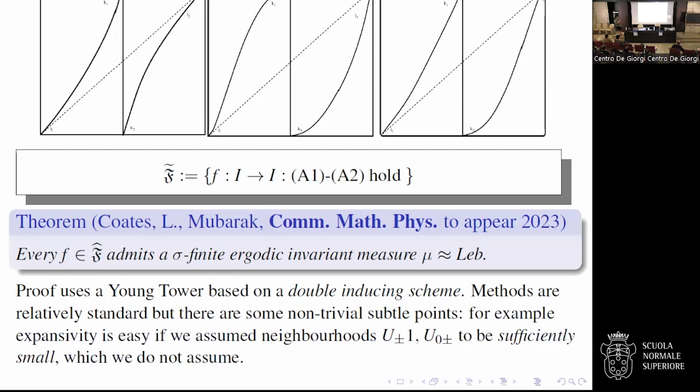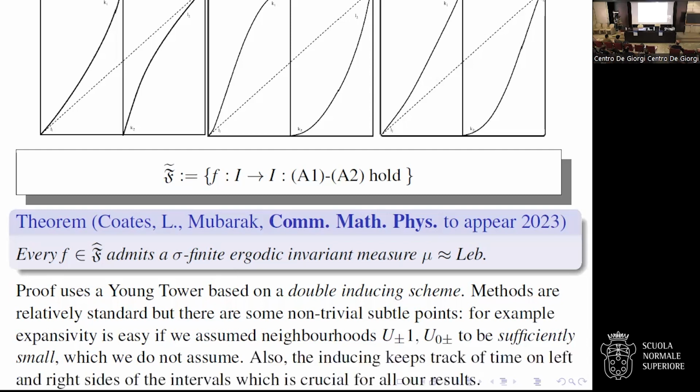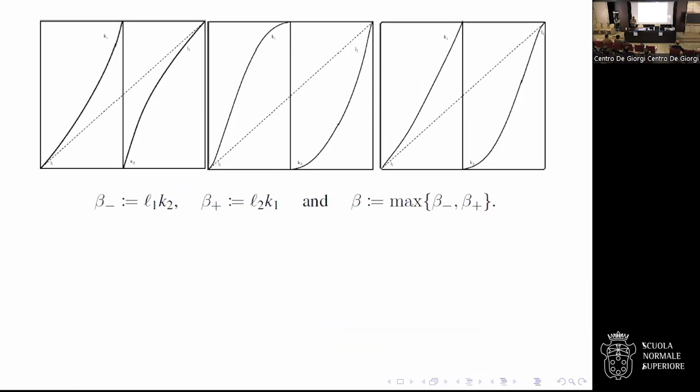And this required quite a subtle, technical, interesting argument. And as I said, an important part of the inducing scheme is that it keeps track of the time you spend on the left and on the right, which will play an important role afterwards.